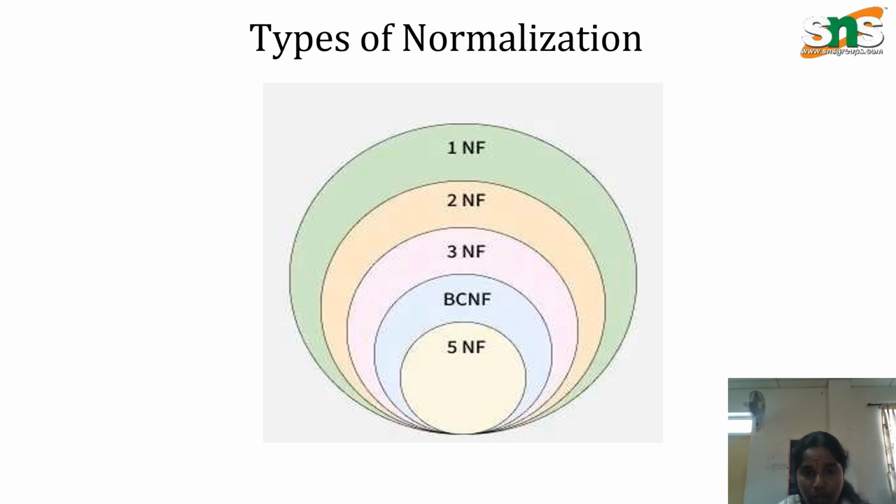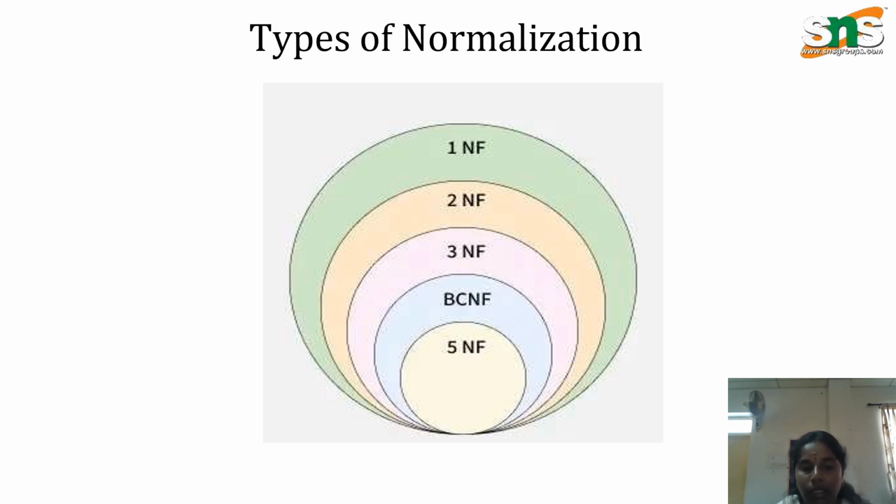For an example of second normal form, consider a composite key of student ID and course ID. If the student name depends only on the student ID and not on the entire key, then to normalize, move the student name into a separate table where it depends only on the student ID.